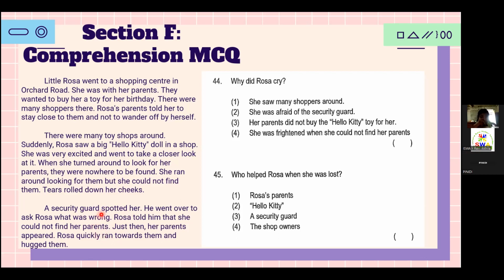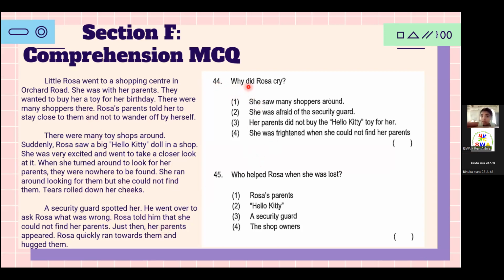What is it about? Rosa finds her parents. Yes, very good. So as you read the passages, you stop and you check yourself for understanding. Only when you understand, then you continue reading. All right? Okay, let's answer the question.